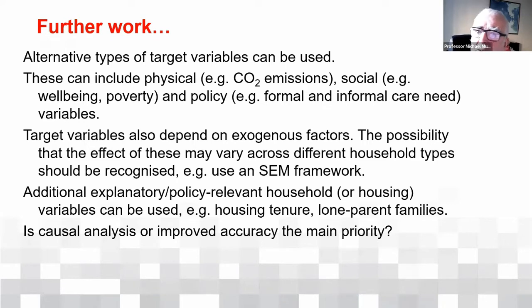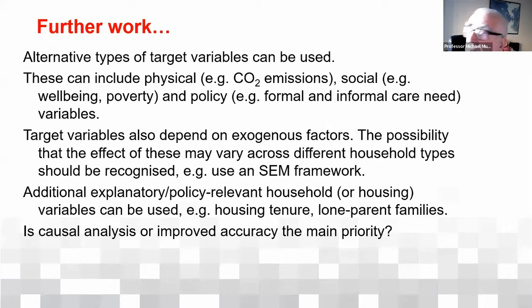We can apply them to other social indicators apart from well-being, including measures like poverty, and for policy purposes, to see how much formal and informal care is needed, because care is substitutable in some cases between formal and informal channels.